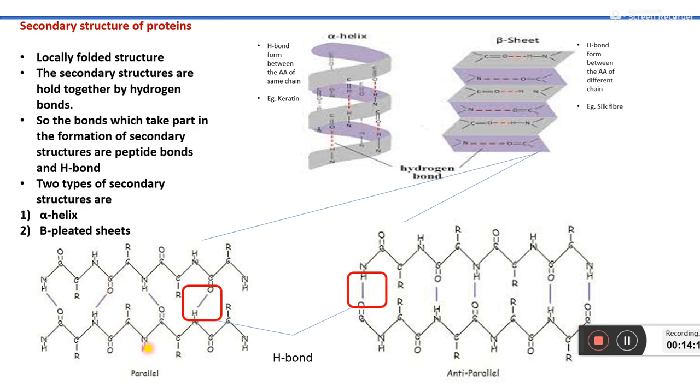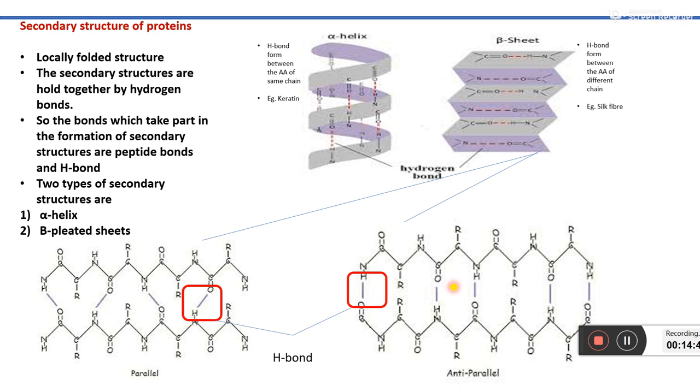But here you can notice, in parallel beta pleated sheet, these two polypeptides run in the same direction, that is N to C. But in anti-parallel beta pleated sheet, these two polypeptides run in different directions, right? So this is the main difference between the parallel and anti-parallel beta pleated sheet structure of secondary structure of protein.